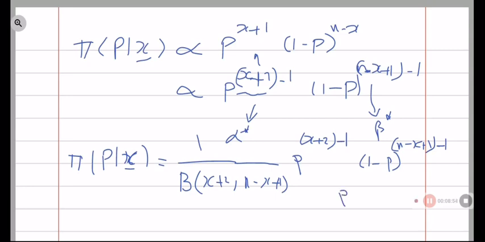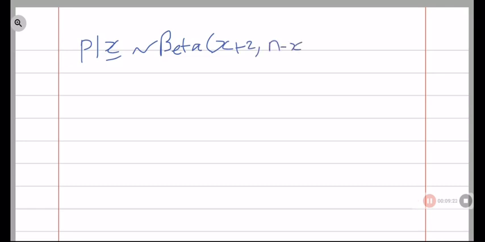Now p is between 0 and 1. From this posterior density, we can find the posterior mean and variance as follows. Because p given x, posterior here, is beta with x plus 2 and n minus x plus 1. So this is alpha star and this is beta star.